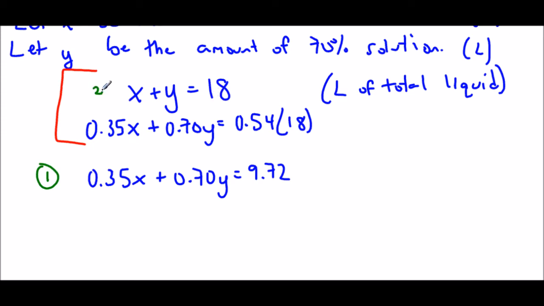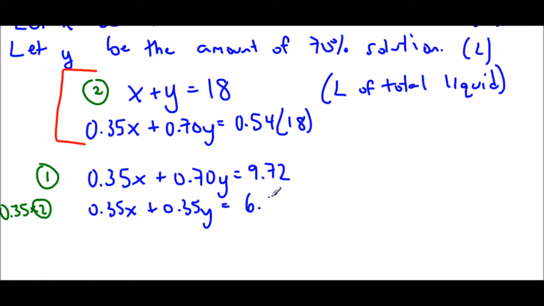I'm immediately going to try to solve, and I like to solve by elimination. So I'm going to multiply the second equation by 0.35. So 0.35x plus 0.35y equals 18 times 0.35, which is 6.3.